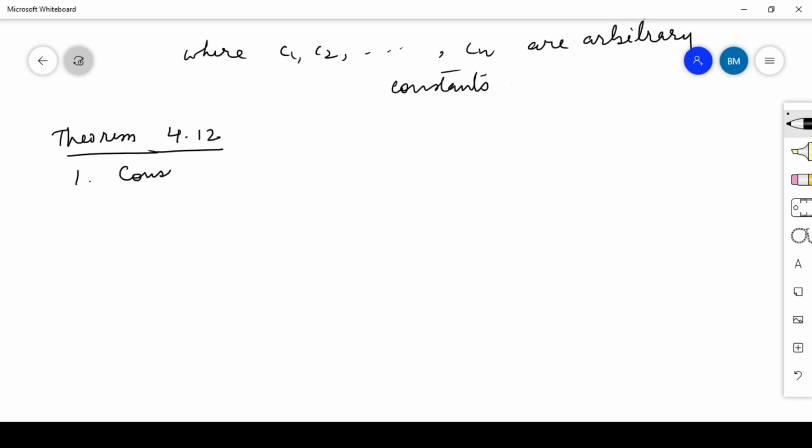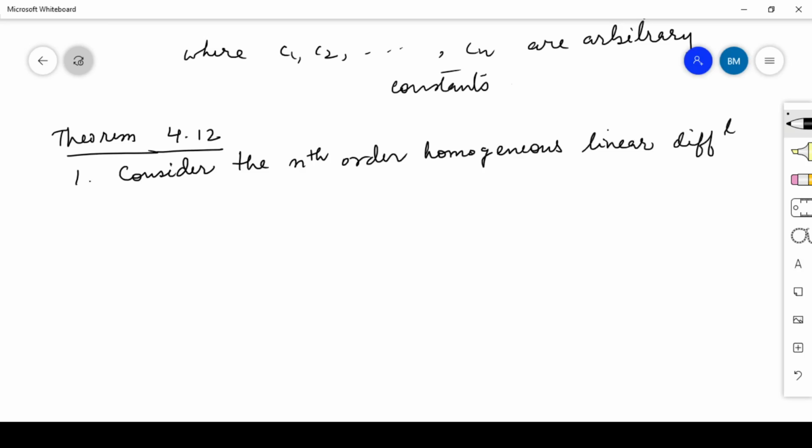Consider the nth order homogeneous linear differential equation a naught y^(n) plus a1 y^(n-1) and so on.